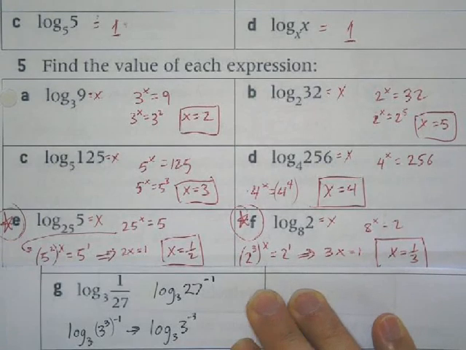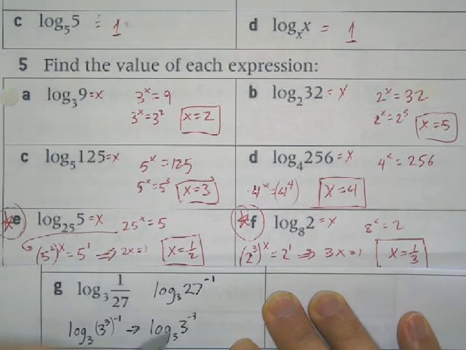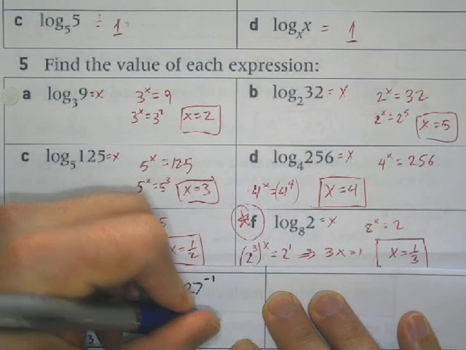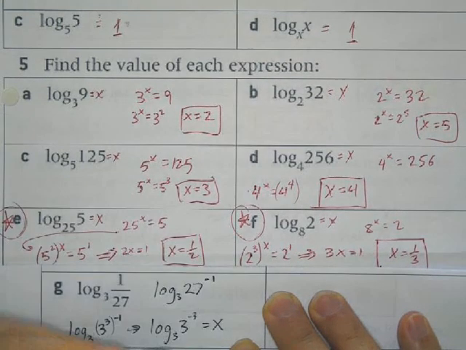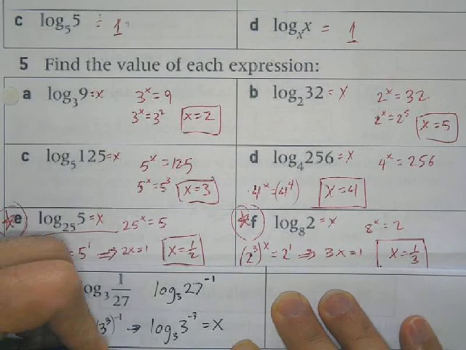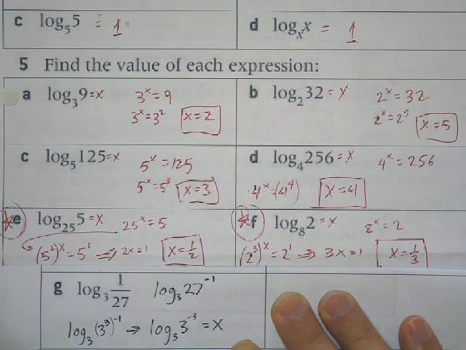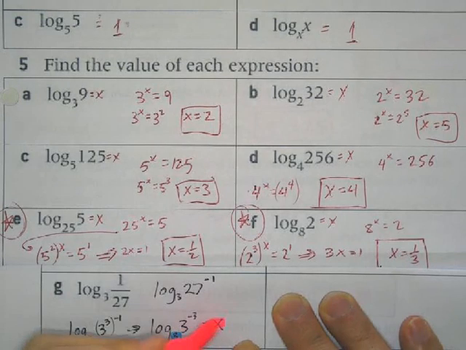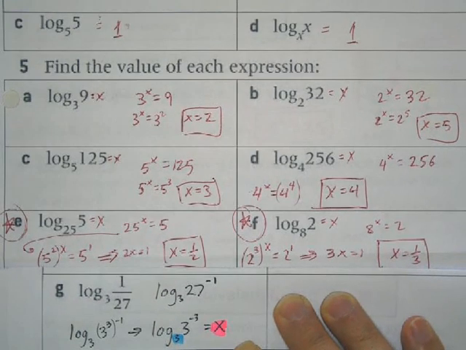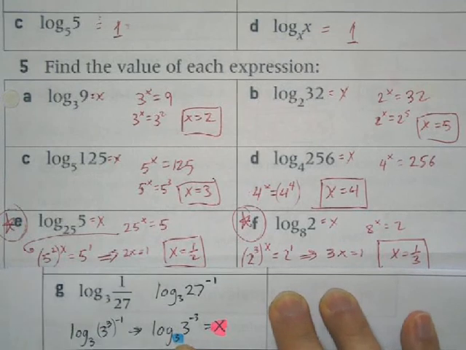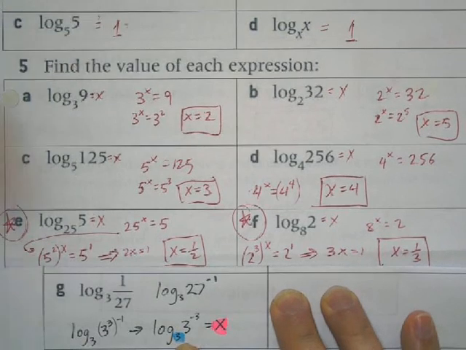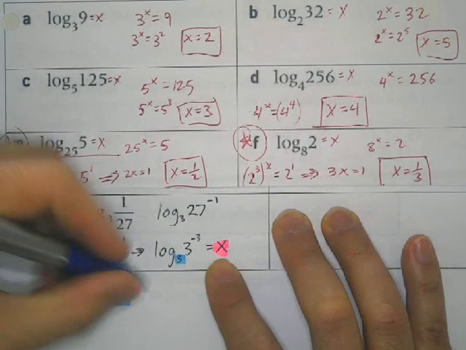Okay, so I'm just going to make this equal to x, right? So my base is 3, my exponent is going to be x. So we have 3 to the power of x is equal to my argument.